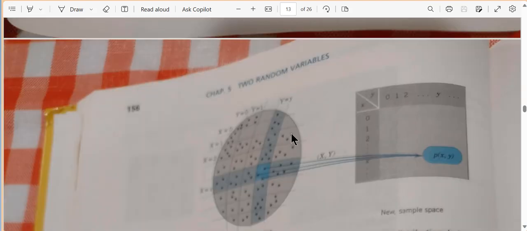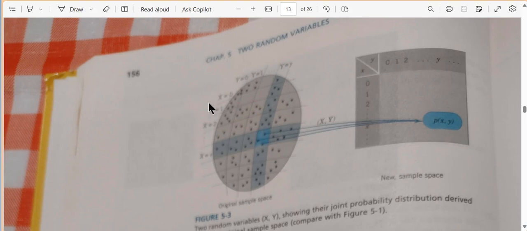Okay, so let's look at this picture. Here we have the whole sample space, and there are certain outcomes where y equals 0. This isn't necessarily the example that we gave earlier, because here we're allowing for y to be more than the y that we were just talking about, and x is more than the x that we were just talking about.